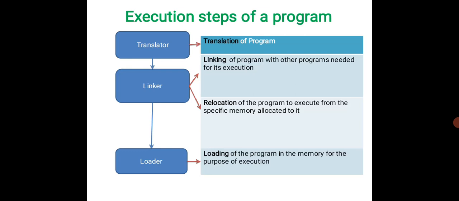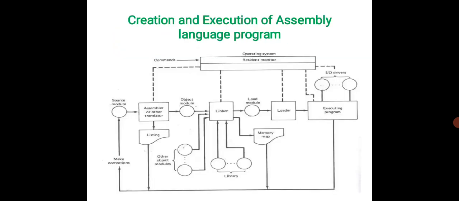The last step is loading, done by the loader, where the program is loaded into memory for the purpose of execution. So this is how the creation and execution of an assembly language program is performed.